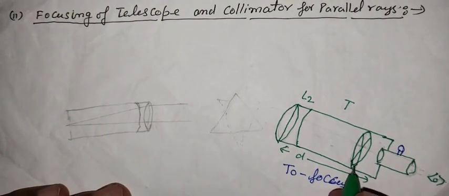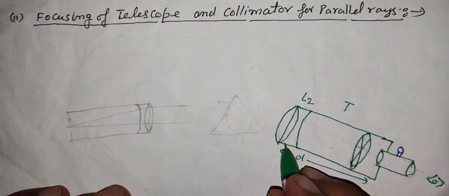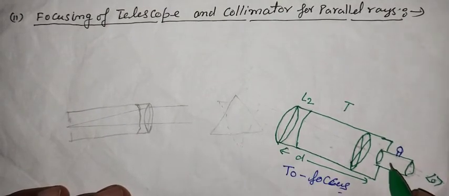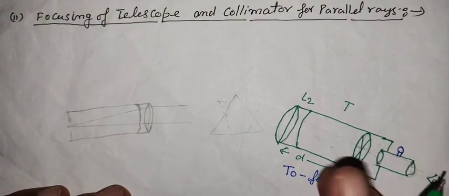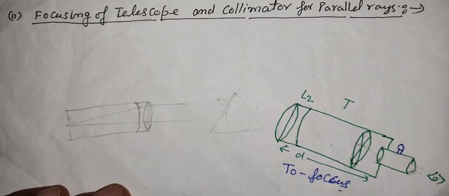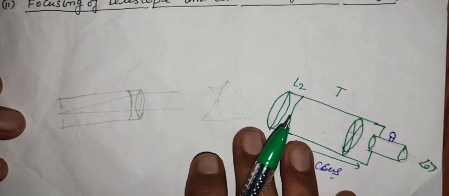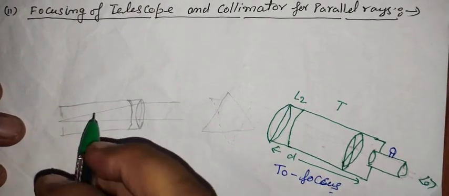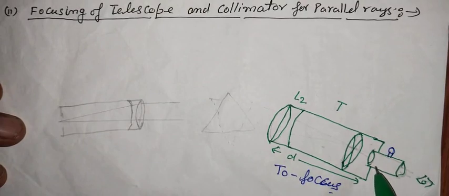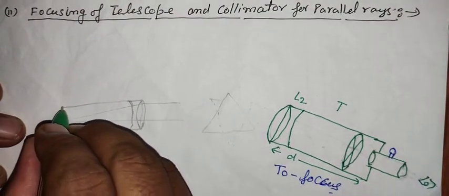Once focused, the distance between the achromatic combination of lens and the eyepiece is not allowed to alter throughout the experiment. After focusing the telescope, the telescope is moved towards the collimator.